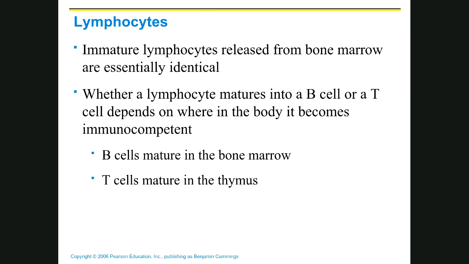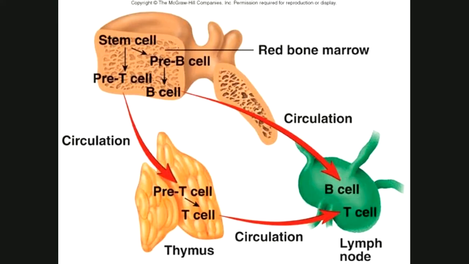And so when we look at what they do, here's where they are. They're in the bone marrow. Remember, red bone marrow is inside the spongy bone. And so the stem cell, we're going to give it a colony stimulating factor, the right one, and it's going to turn into lymphocytes. And then a different colony stimulating factor is going to separate these into what are called pre-B cells and pre-T cells.